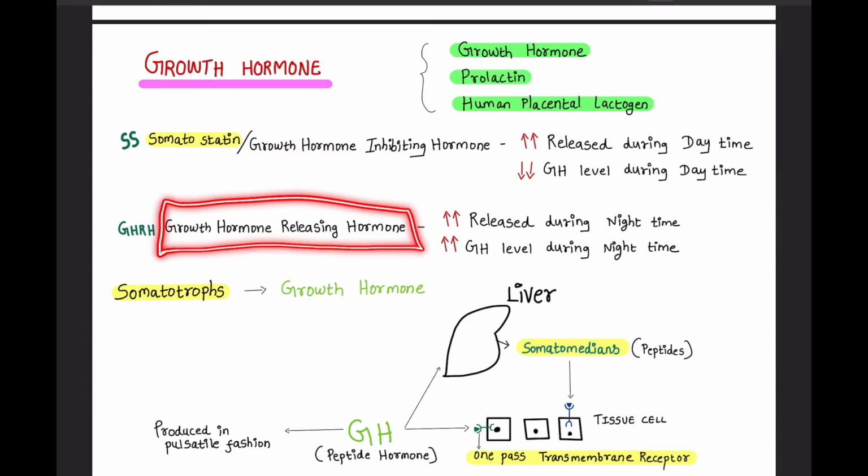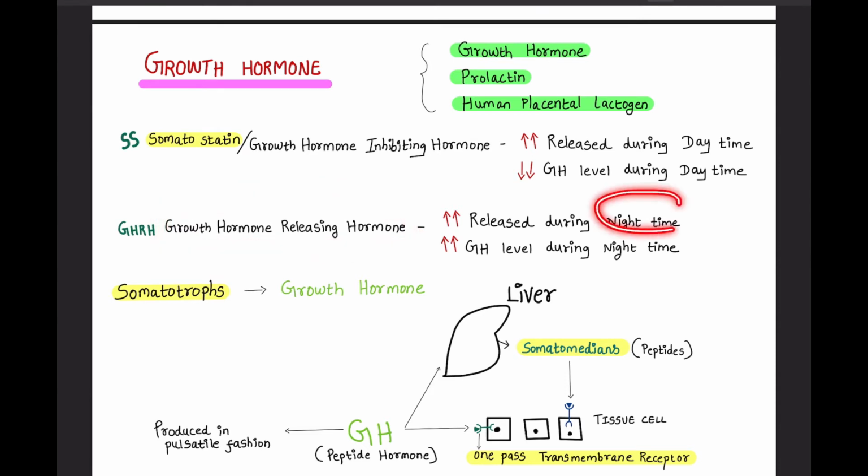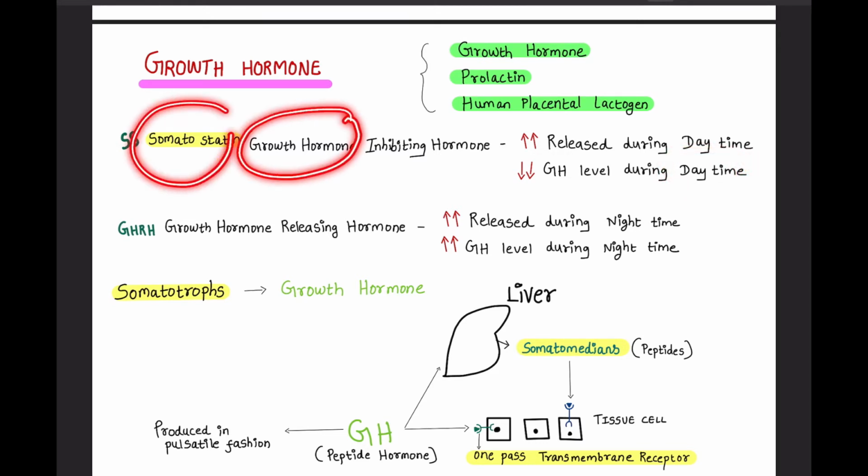It releases growth hormone. So during night time the GHRH is increased, so growth hormone is increased during night time. During daytime this somatostatin is increased, so during daytime the growth hormone is decreased because somatostatin is increased.